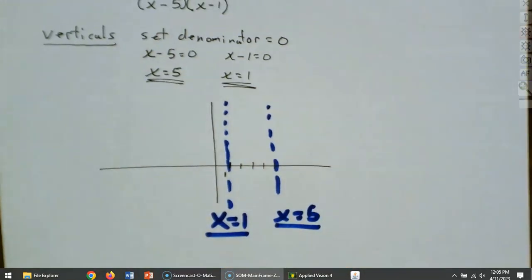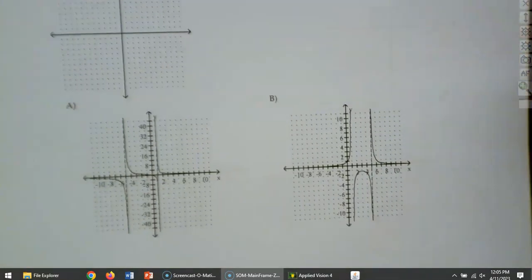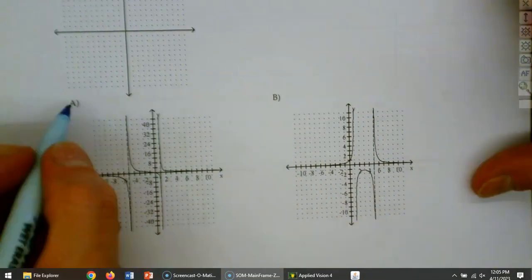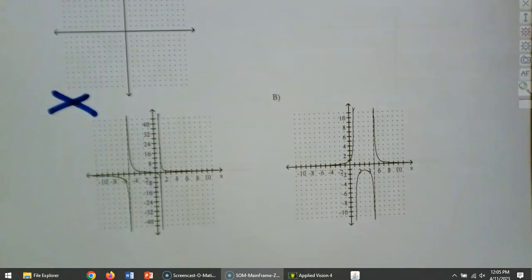Now, which choices can we get rid of? Can we get rid of answer choice A? Yes. Use process of elimination. I'm not going to make you graph these all the way out. What you want to do is use process of elimination. Pick points if you need to. Can we get rid of choice B?